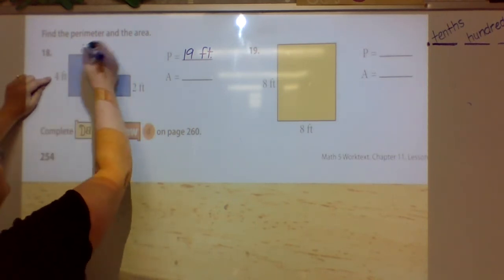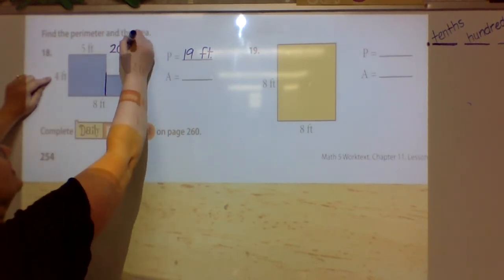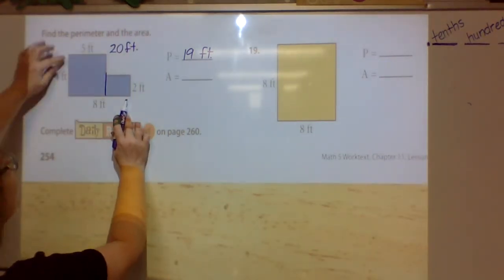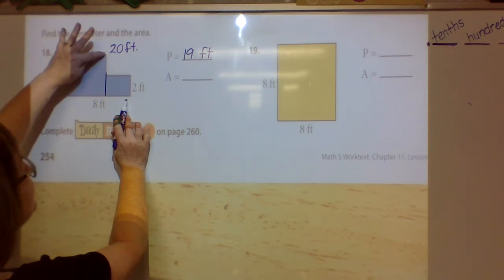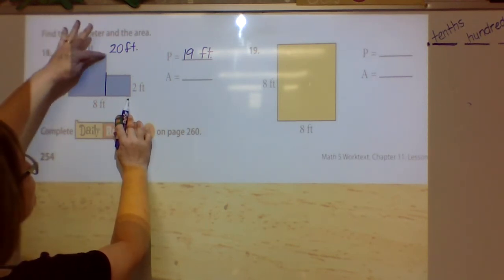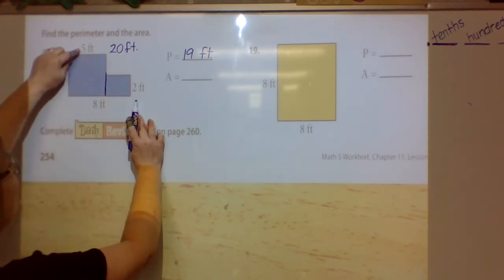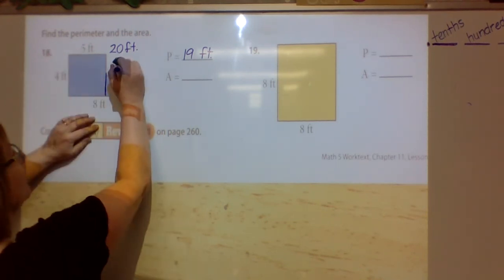So we're going to do 5 times 4, which is 20 feet. And if we know this one is 8 and this one is 5, we can subtract that part. So if this one right here stops here, it'd be 8 minus 5 equals 3, right?